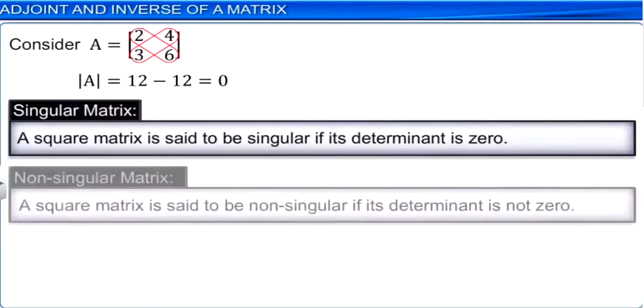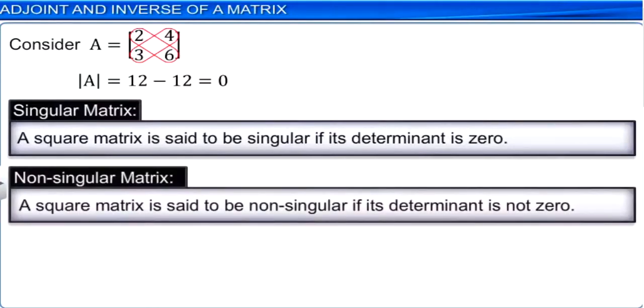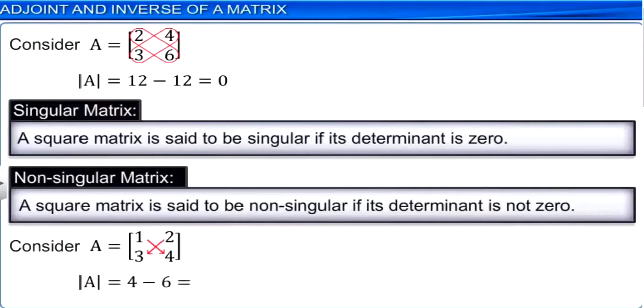On the contrary, a square matrix is said to be non-singular if its determinant is not equal to 0. For example here, the determinant of A is -2, which is not equal to 0. Hence, A is non-singular.